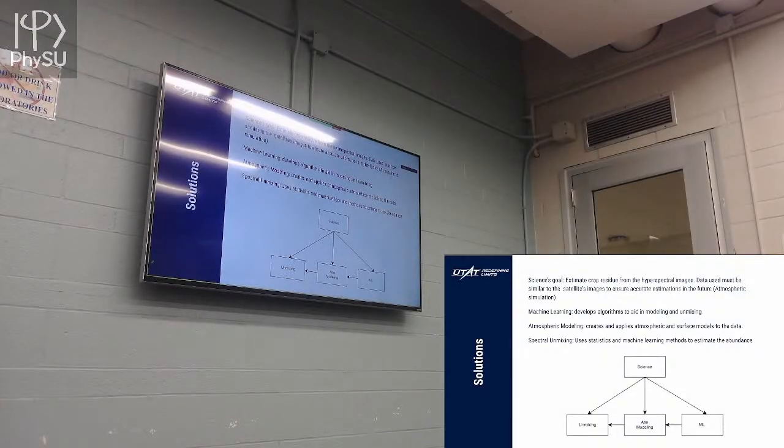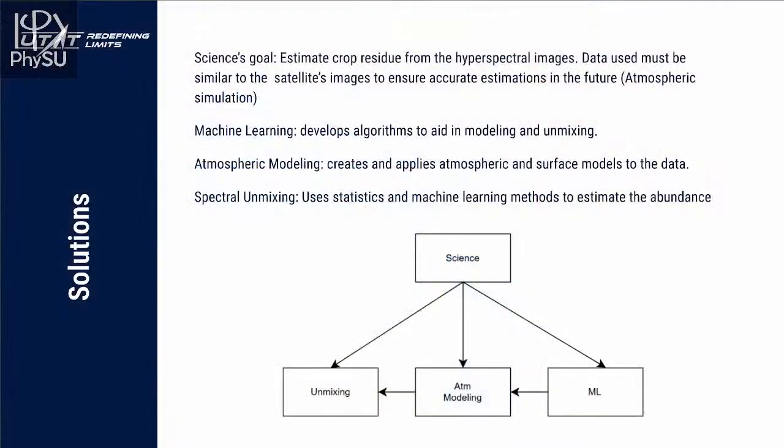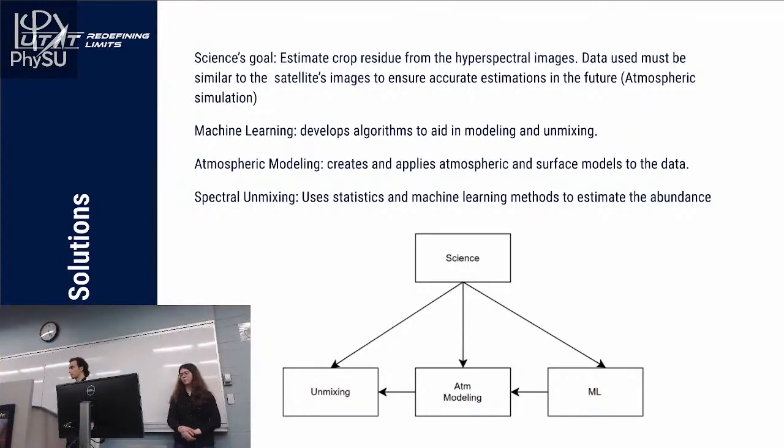So what do we want to do? We want to estimate crop residue from hyperspectral images. We use data that is either similar or that we try to get to be similar to the data that will come from Finch, to ensure that our models and our methods are accurate to Finch's capabilities, and also to the atmospheric effects within our imaging, within our spectral resolution.